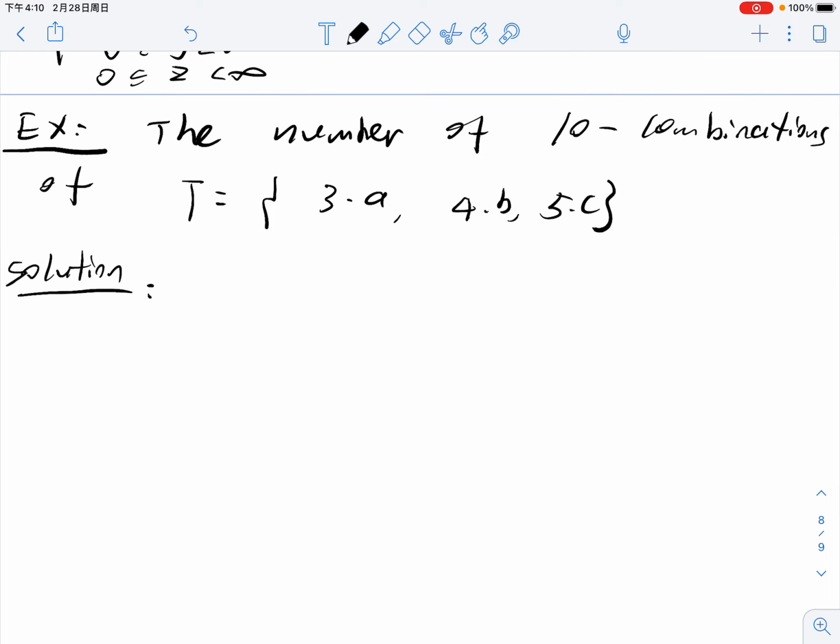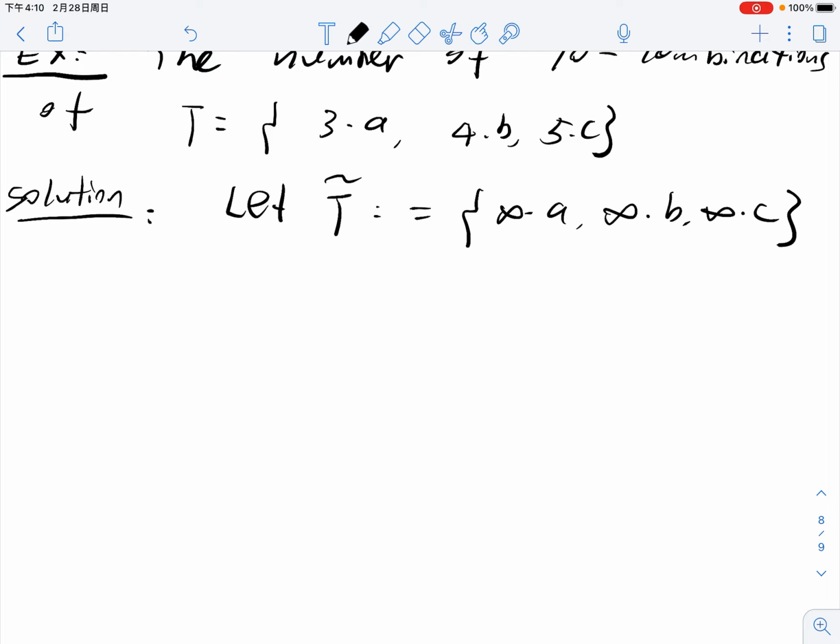So the solution is we embed this into a larger set and view this as an application of the inclusion-exclusion formula. So we know that when you have a bigger multi-set, infinite A, infinite B, infinite C, this is better understood.